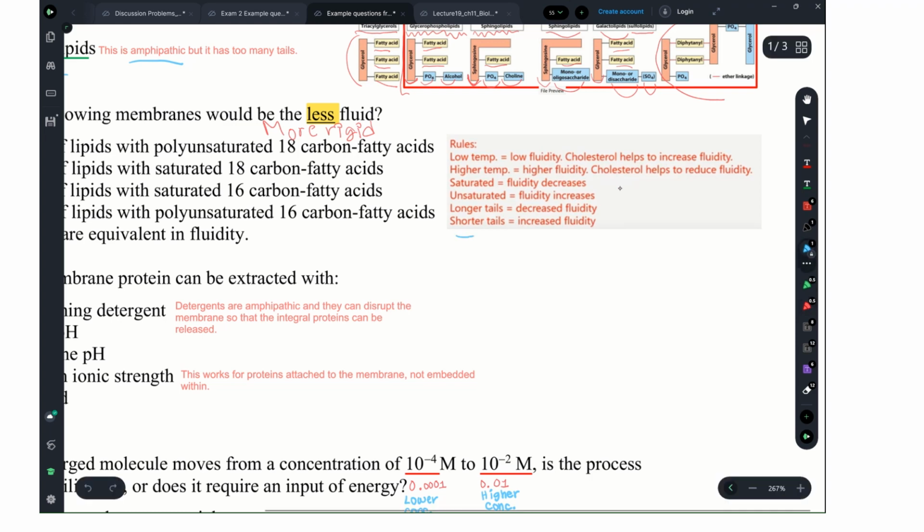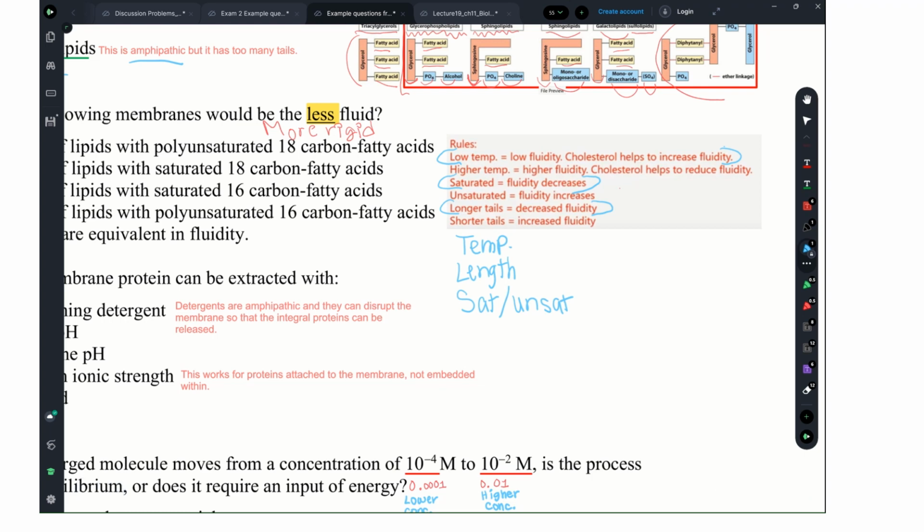Length of the tail affects membrane fluidity, and saturation of the fatty acid, whether it's saturated or unsaturated, that affects membrane fluidity. So here they want less fluid, so low fluidity. So low temperature, saturated, and longer tails will decrease fluidity.